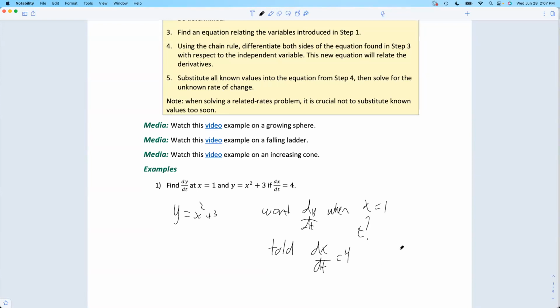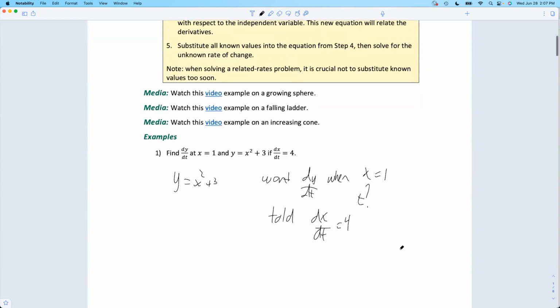So X and Y are both dependent on time here. T is my independent variable, and I have 2 dependent variables. So what I'm going to do is I want to relate these 2 rates. That's why these are called related rate problems. I want a relationship between dy dt and dx dt.